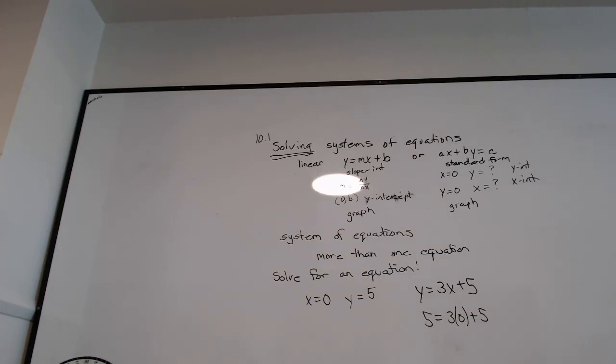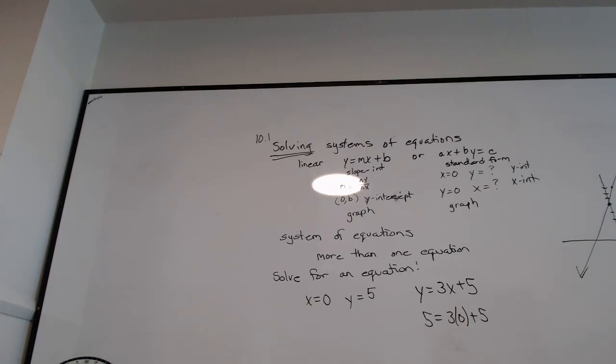If I were to draw this line, 3x plus 5, 1, 2, 3, 4, 5, go up 3 over 1. If I draw that line, what is true about all those points that are on that line? That they're part of that. Yeah, they make that equation true.